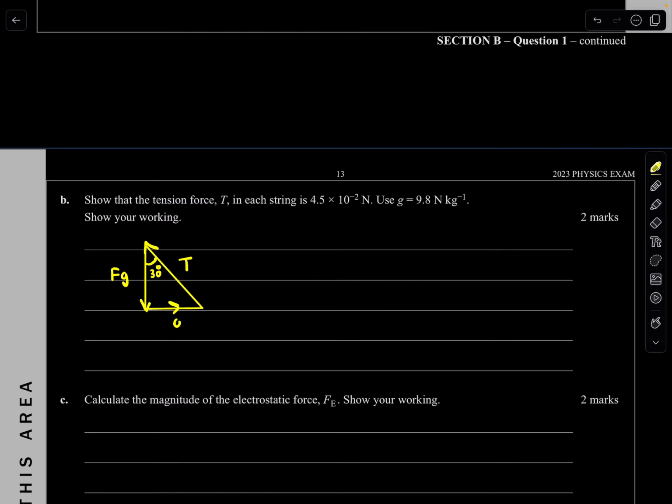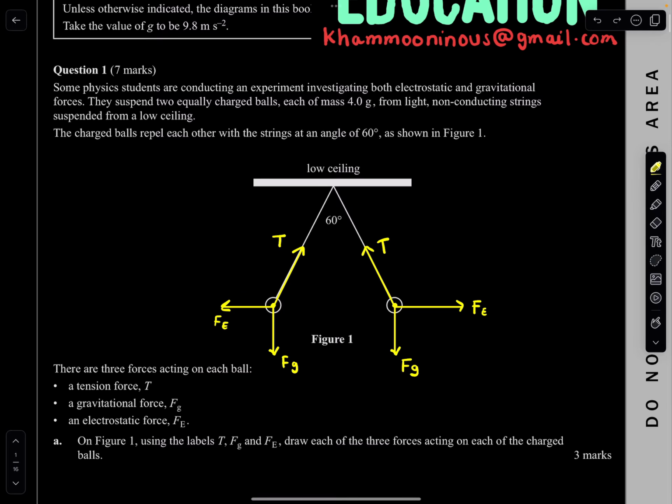Basically, I know that. So I want to use that to find the tension. I know this is my opposite. This is my hypotenuse, and I know the adjacent. So because I want to find the hypotenuse, and I know the adjacent, I'm going to use cosine. Cosine 30 degrees is adjacent, which in this case is your force of gravity, which is mg. What's our mass? 4 grams.